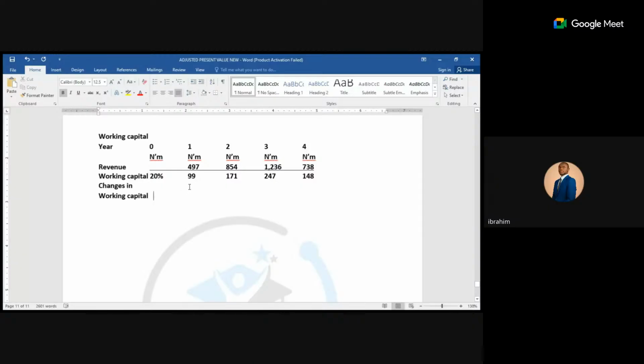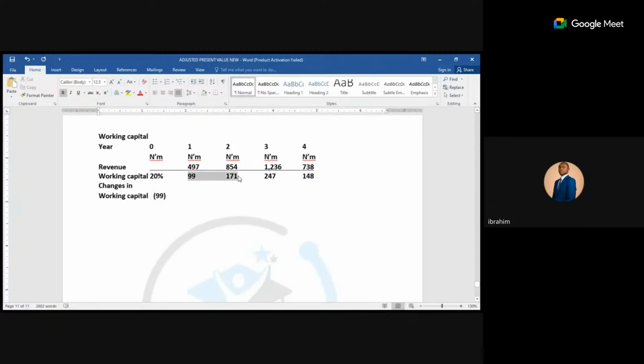Please. Now, from year 0, you have 99. Your working capital has increased to 99. So therefore, you have increase in the working capital from 99 to 171.